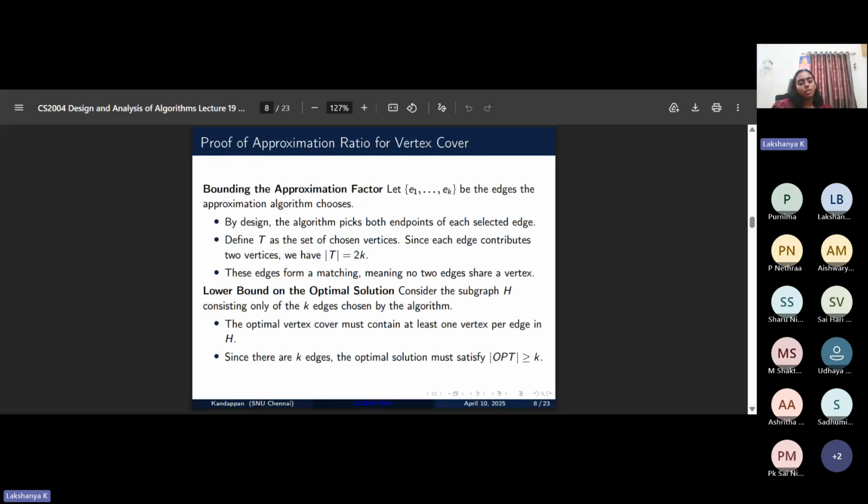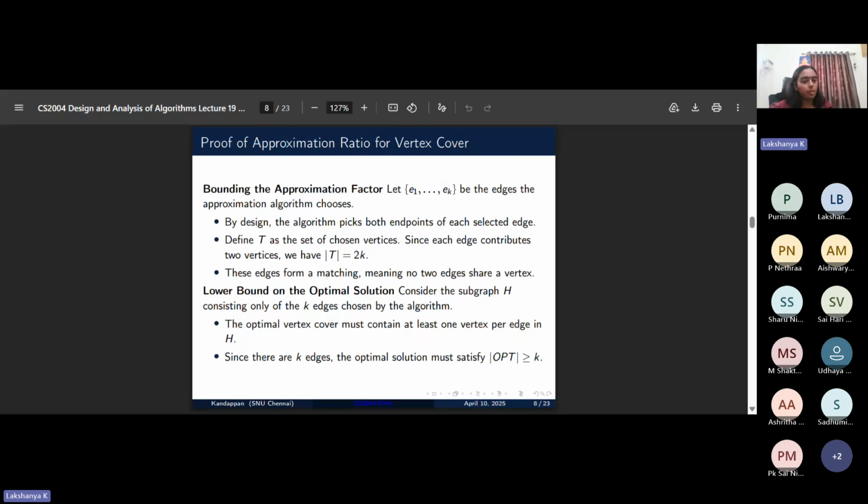Now in the optimal solution, in the best case, if you look at k edges, for everything one vertex will be enough. So in the best case your optimal solution will have at least k. Correct. At least, yes, we consider k edges in our approximation algorithm, so your graph can have k or more than k edges. If it has k edges, picking one vertex per edge, there will be k vertices.